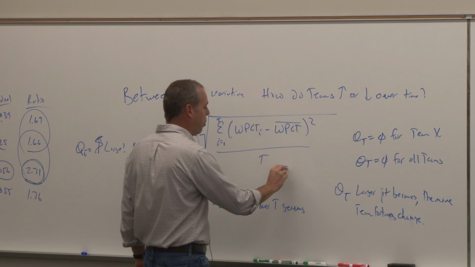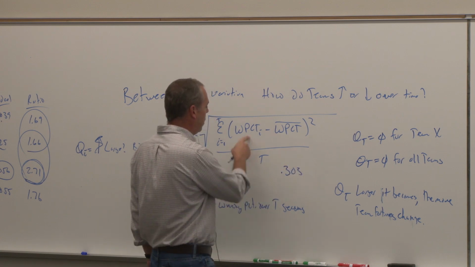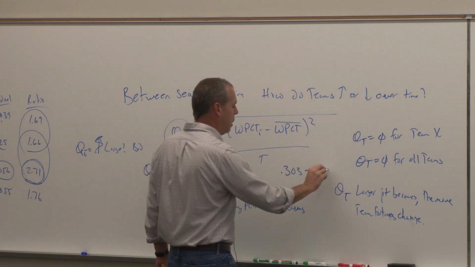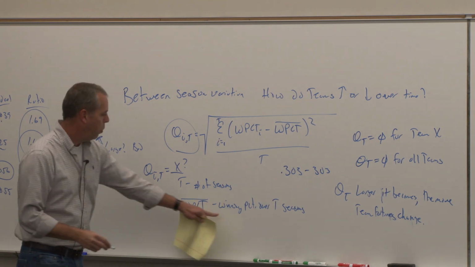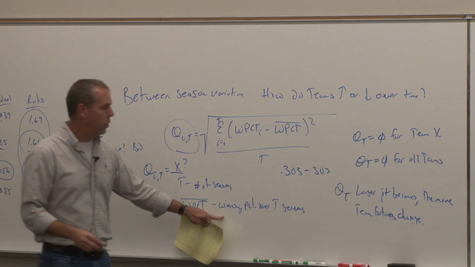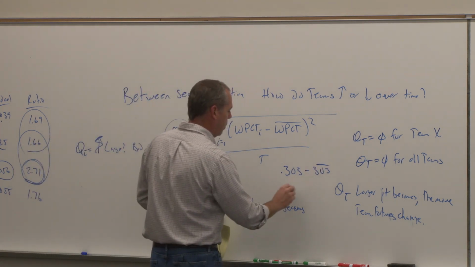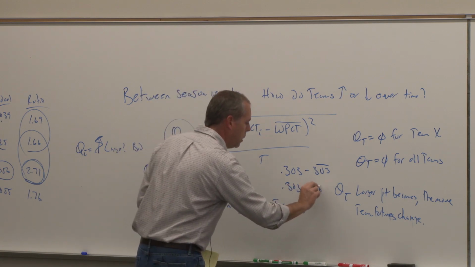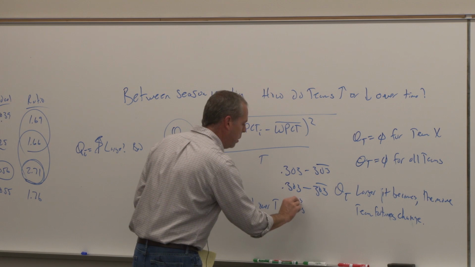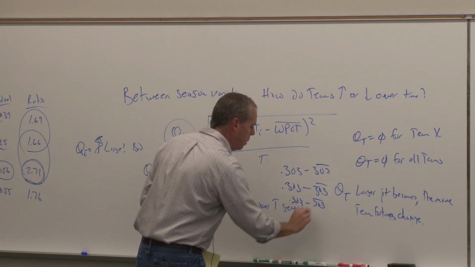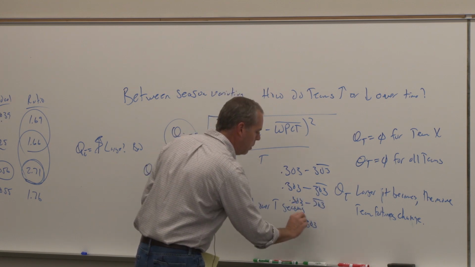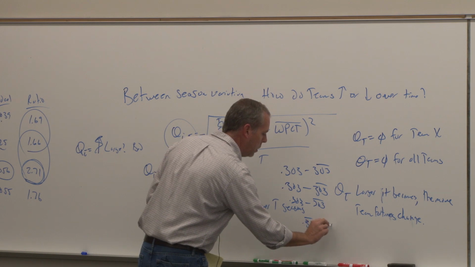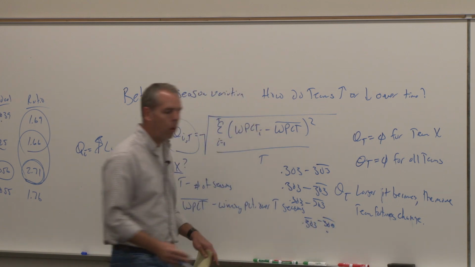So if they were .303 this year, their winning percentage over these 2 seasons is always going to be .303.